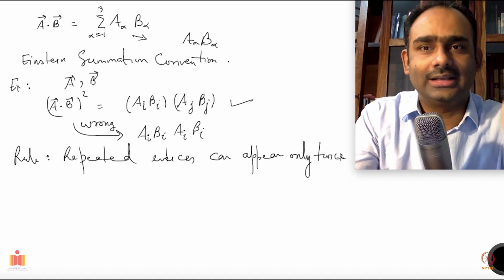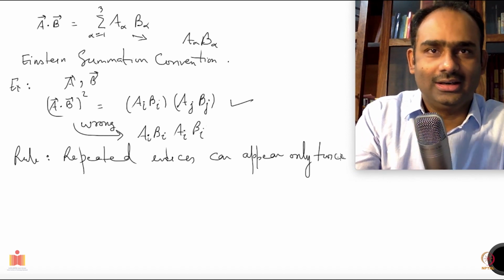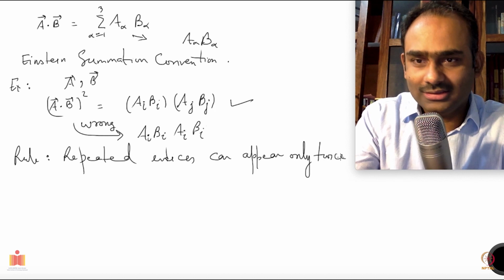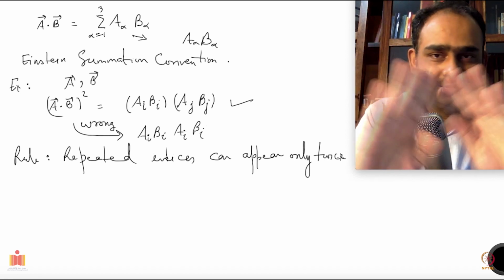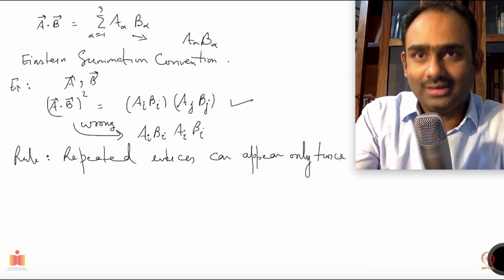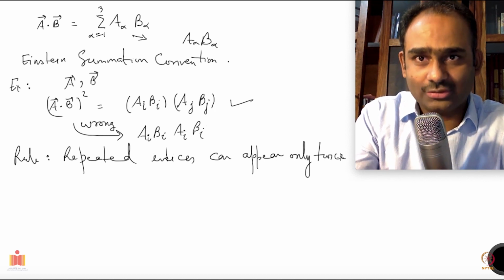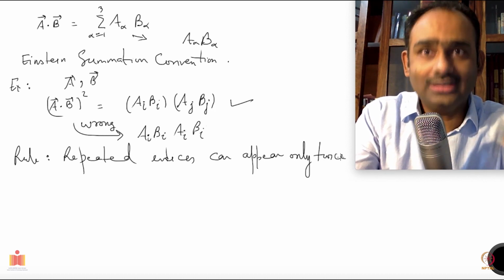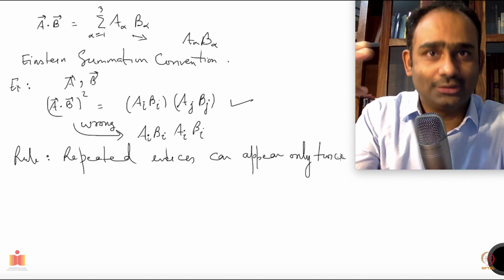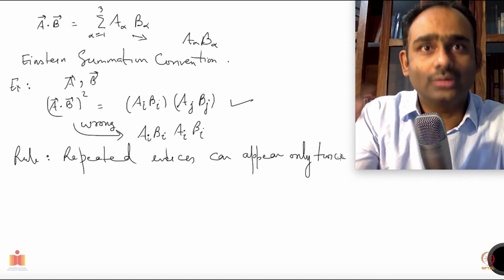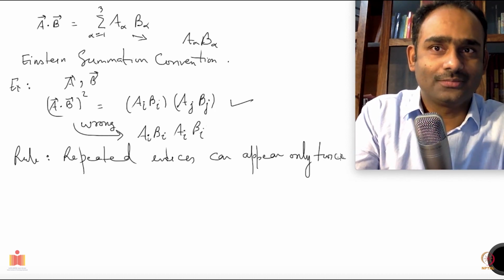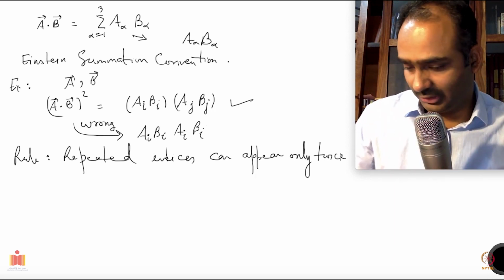We will tell clearly that this index is repeated and there is a summation over this index also. But if I don't say anything, and if you see a repeated index twice, then there is a summation. If I don't specify anything and you see a repeated index appearing more than 2 times, then I have made a mistake.